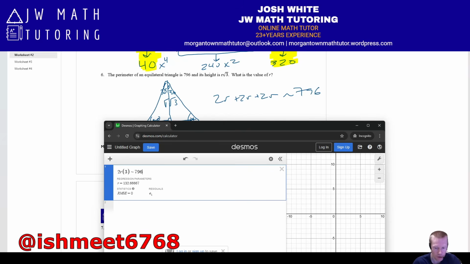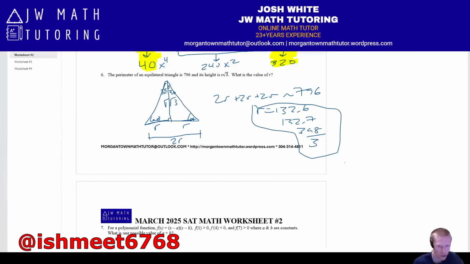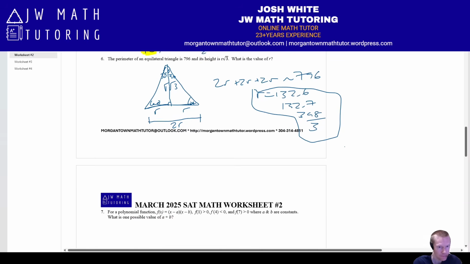Basically 132.6, 132.7, or if you wanted to, put it as a simplified fraction, it's 398 over 3. So again, on this problem, this is just an alternate way to think about it, where you can cut out some of the steps, basically save time on the problem.